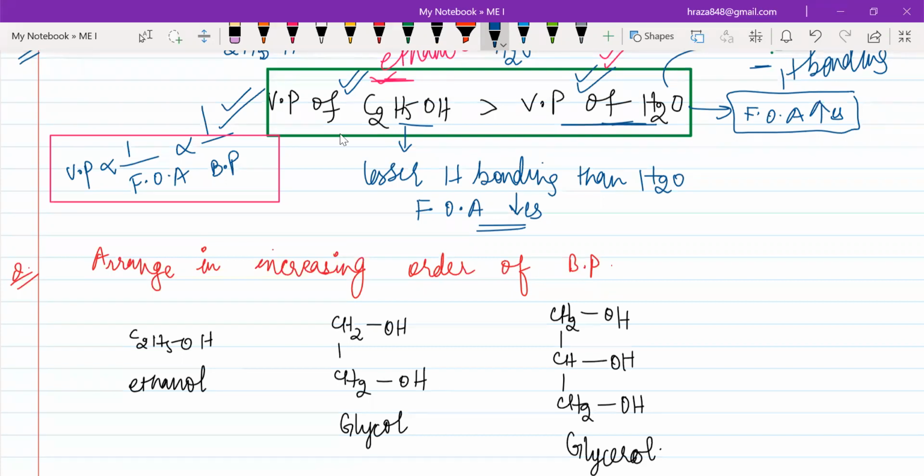Which one will have the high boiling point? The boiling point will increase from 1 to 3. Okay, wait a minute. Vapor pressure, we should concentrate on vapor pressure. Which one will have more vapor pressure? See, in glycerol there will be more hydrogen bonding, so force of attraction increases and vapor pressure decreases. So the answer you had calculated for boiling point was correct. Okay, yes, sir.